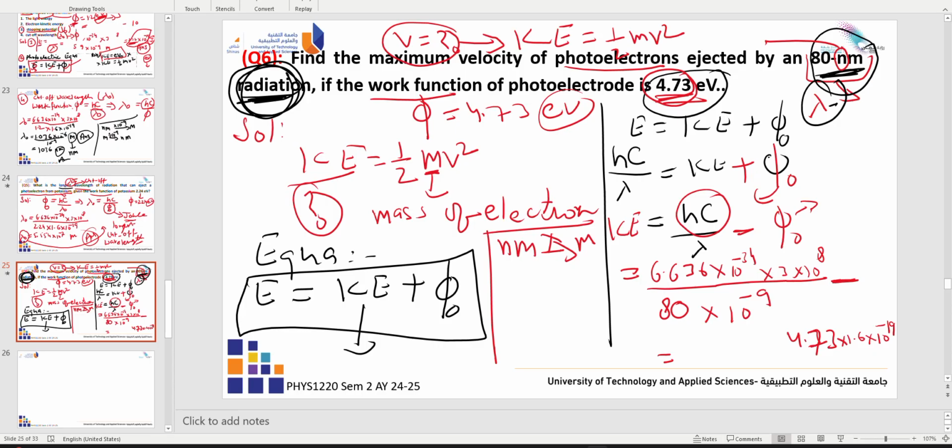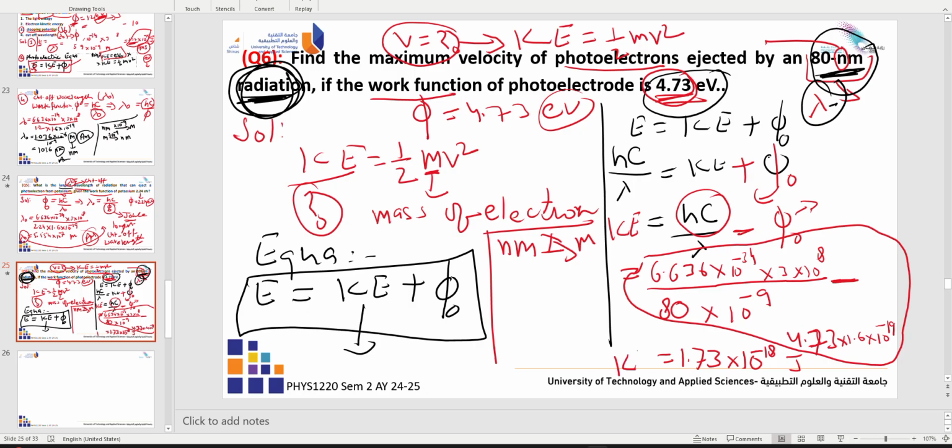Now the answer for the kinetic energy in joule, after the calculation, will come 1.73 times 10 to the power minus 18 joule.